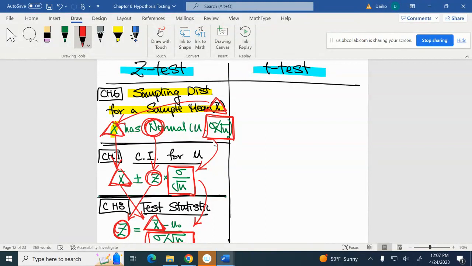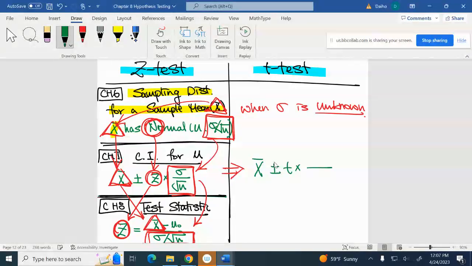In the t-test, we assume sigma was unknown. So the confidence interval was using the t-score, estimating sigma with s.